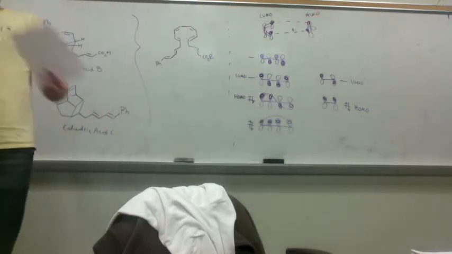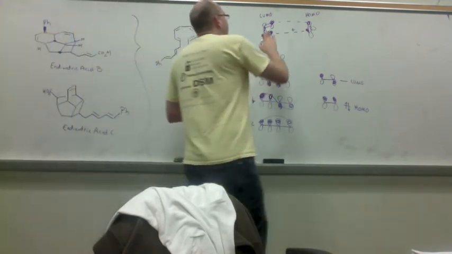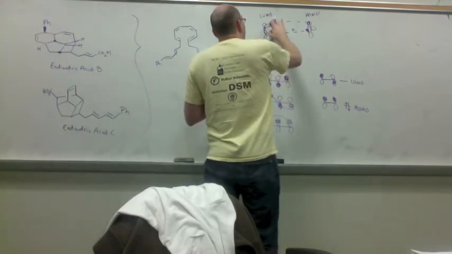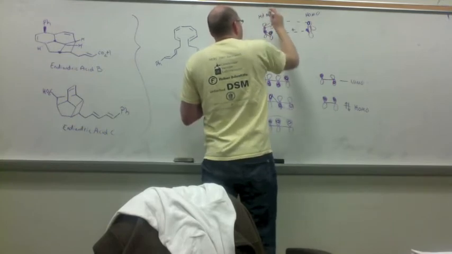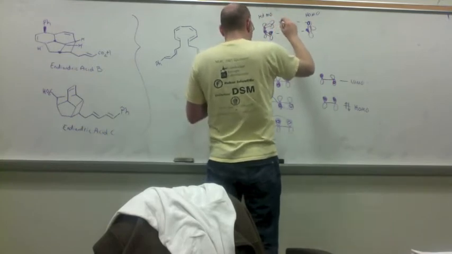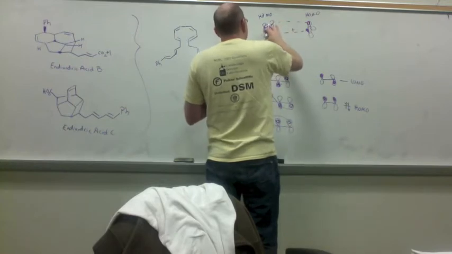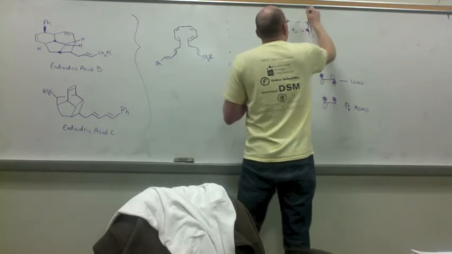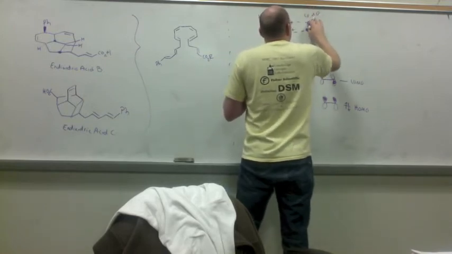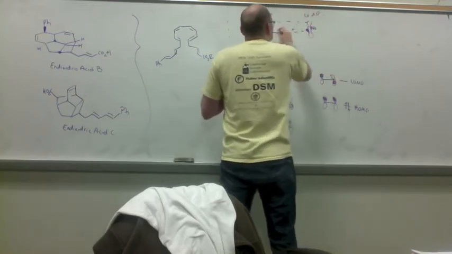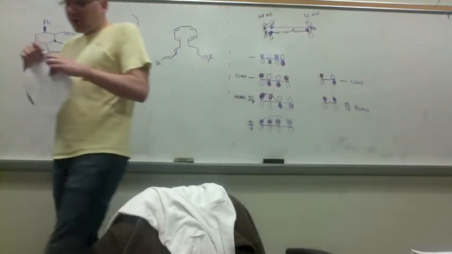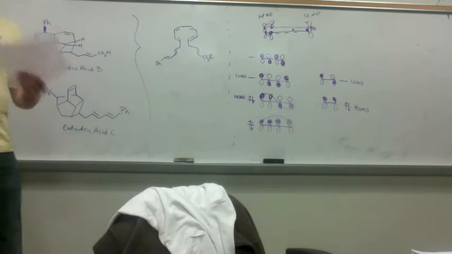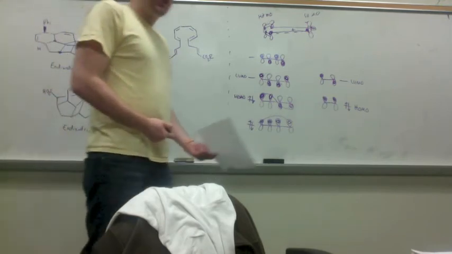And likewise, if we want this to be the HOMO and this to be the LUMO, again the nodes are lining up. So this is the way that we rationalize it, and I think Diels-Alder is always a good one to think about.